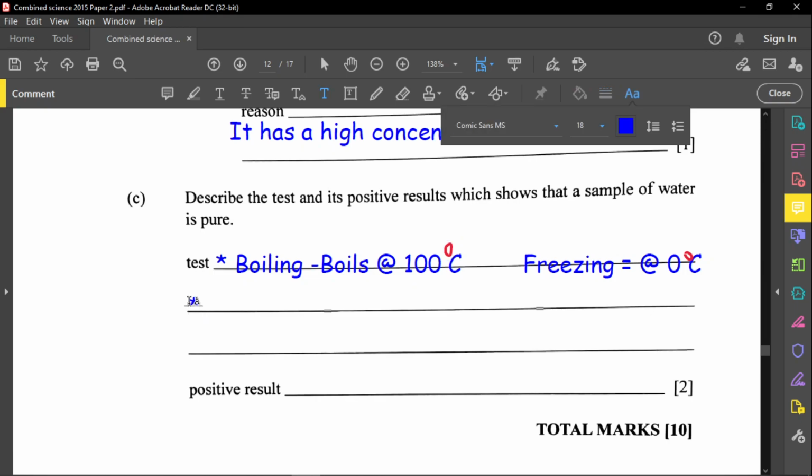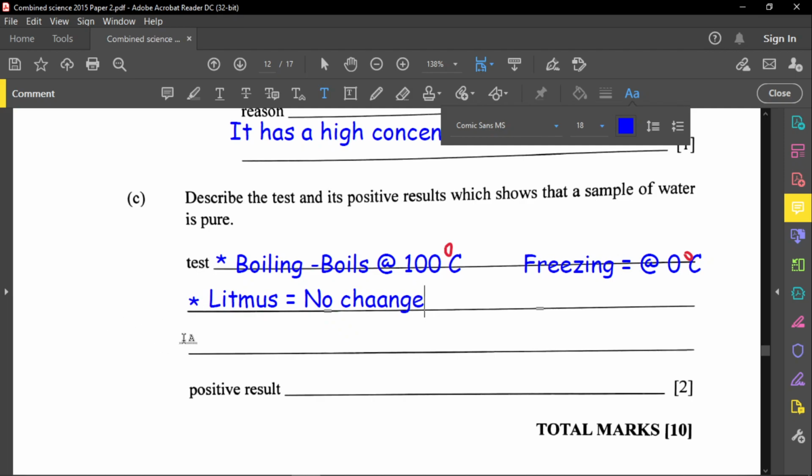Another way you could do it is a litmus paper test. If you're using litmus paper, you should have no change in the litmus paper, because pure water is neutral. If it's alkaline or acidic, that means it contains something, and the litmus paper will change either to blue or red. But with pure water, you should see no change at all.